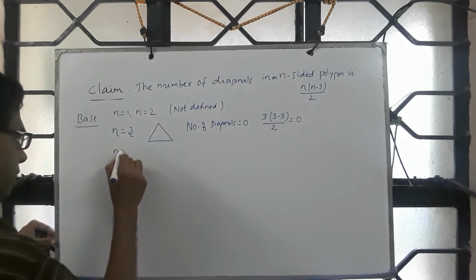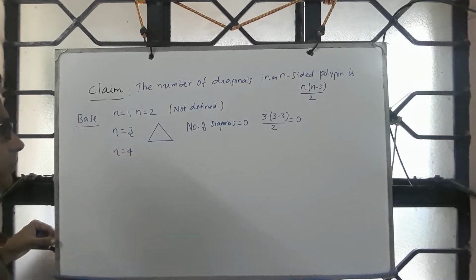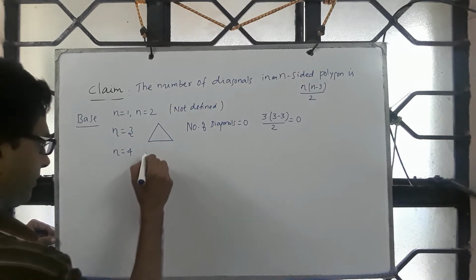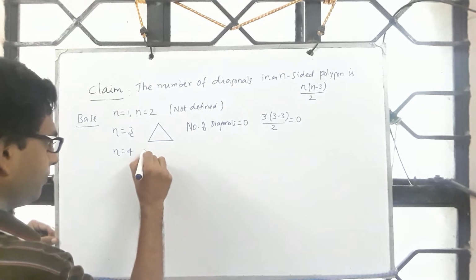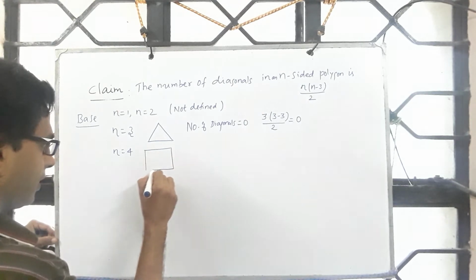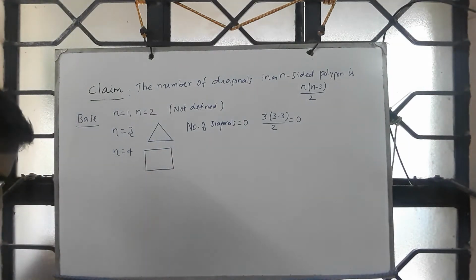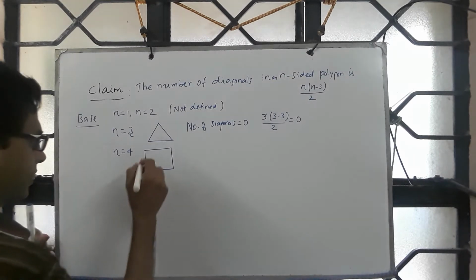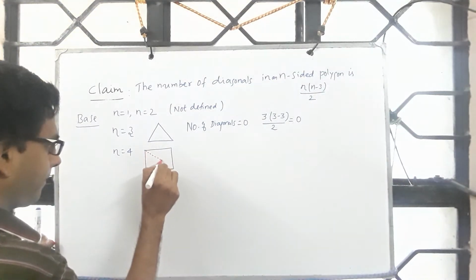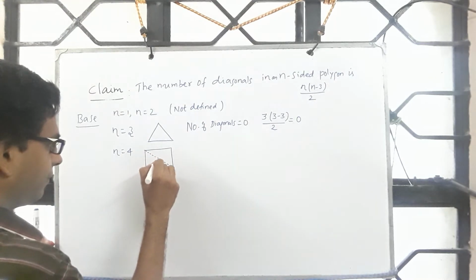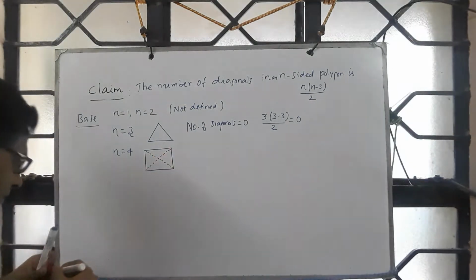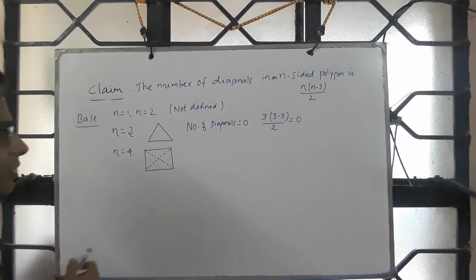Let's verify one more, then we can get into the induction part. Consider a four-sided polygon. One can have this diagonal, one can have this diagonal, correct?